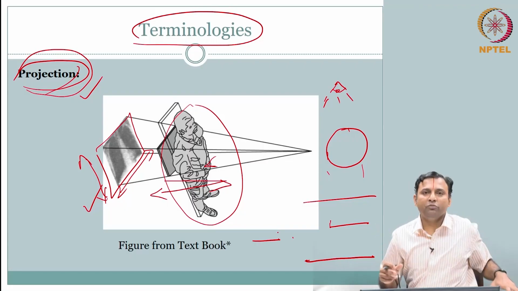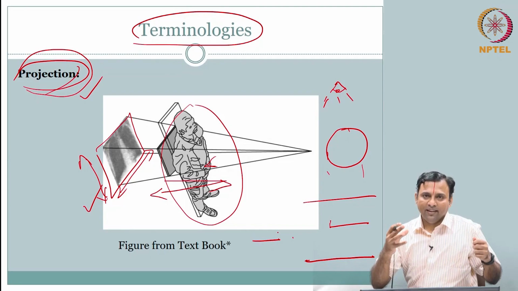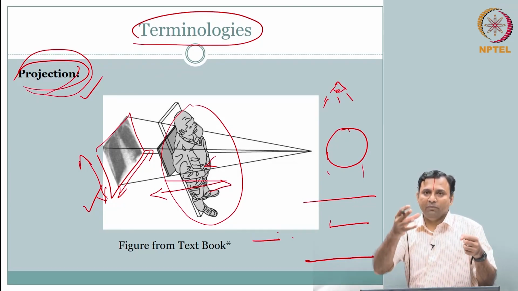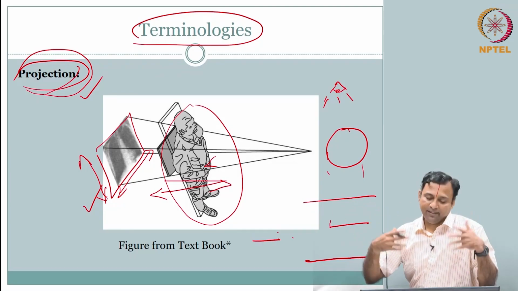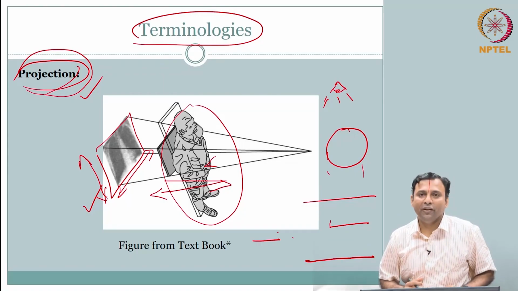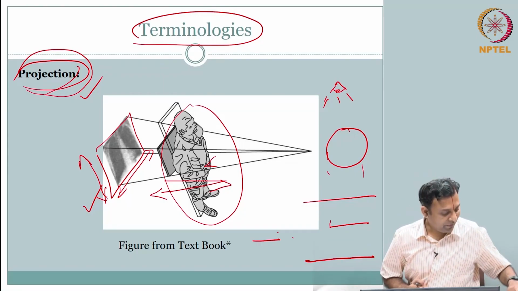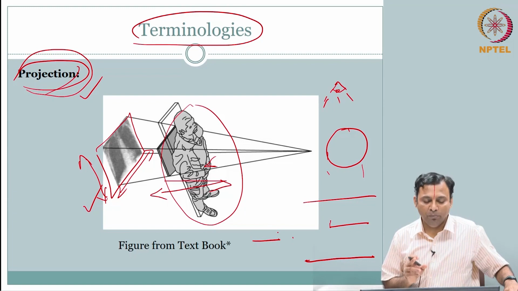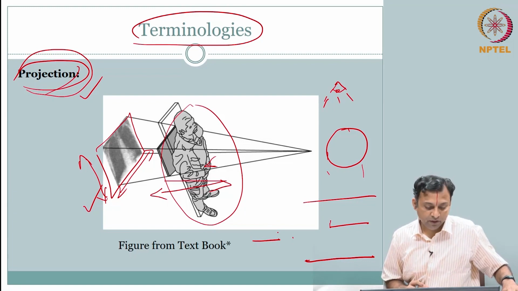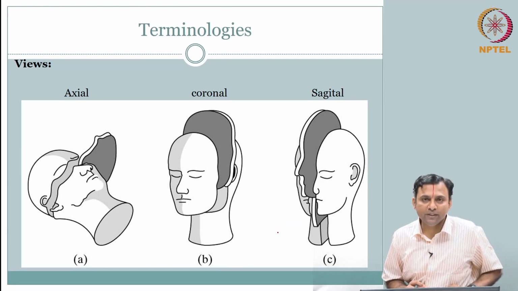So you take some weird objects in your home. In fact, you don't have to imagine. Have a light source, keep the object, you see the shadow, and then fly your imagination. Okay, good. So that is terminology. The first important thing is projection, because we will use this very much. Then are views, right?